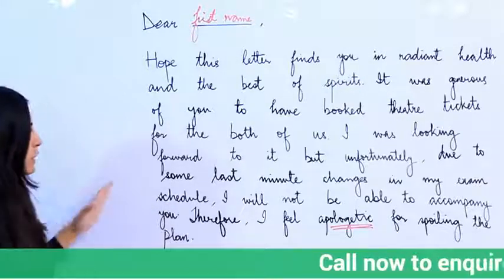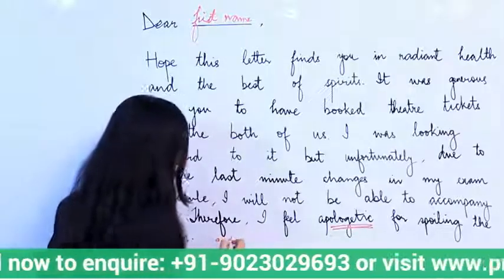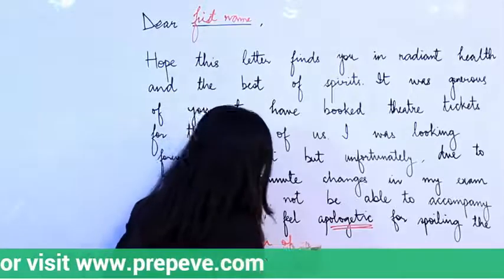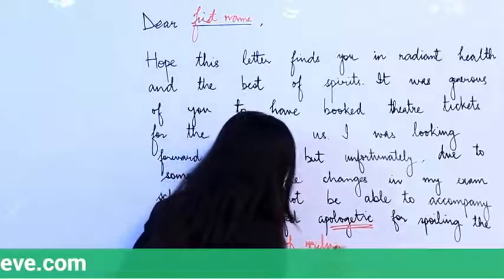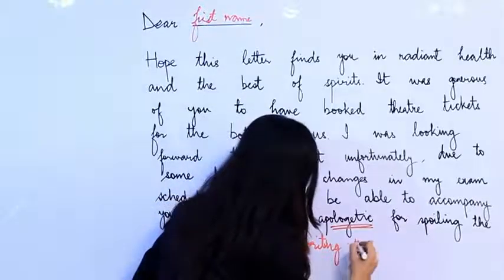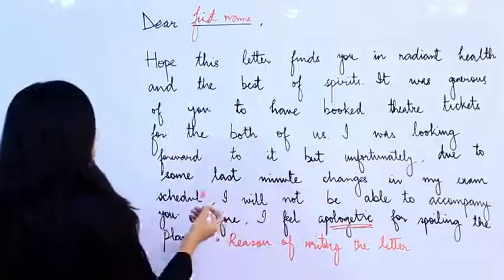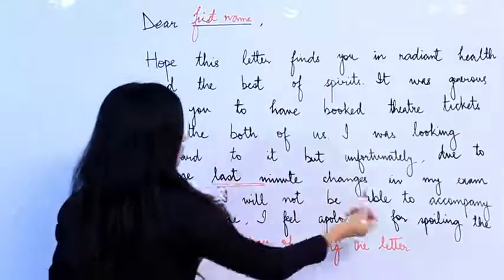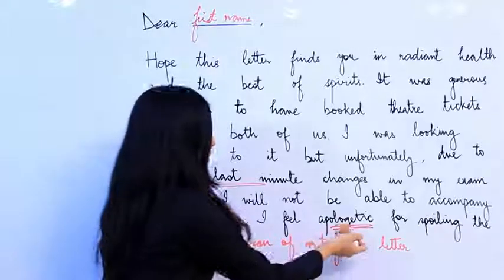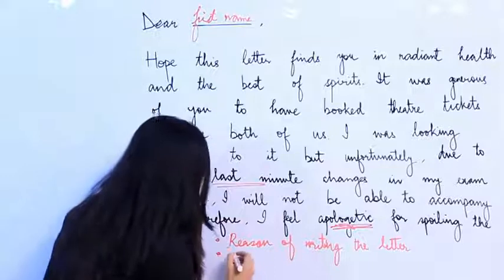So I hope I am clear. We have addressed the very first bullet point as well as we have conveyed the reason of writing the letter. Why are we writing the letter? We are writing the letter because of some last minute changes which have caused this apologetic situation that you cannot come to the theatre show.